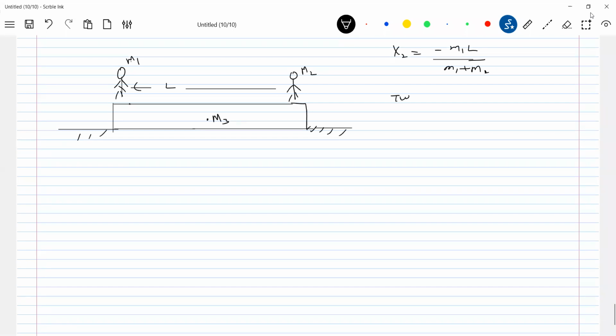Two persons are standing at the ends as shown.